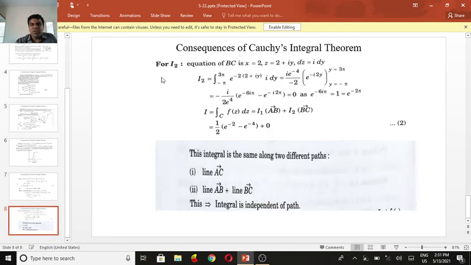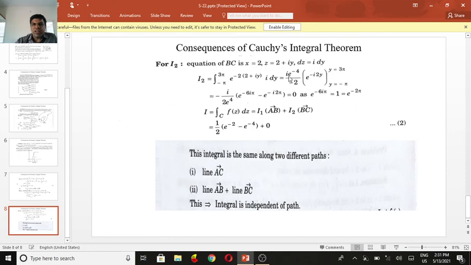Now for the line BC, x equals 2, so z equals 2 plus iy and dz equals i dy. So the integral from minus π to 3π is e^(-2(2+iy)) times i dy. Simplifying, take i outside, then integrate with respect to y.